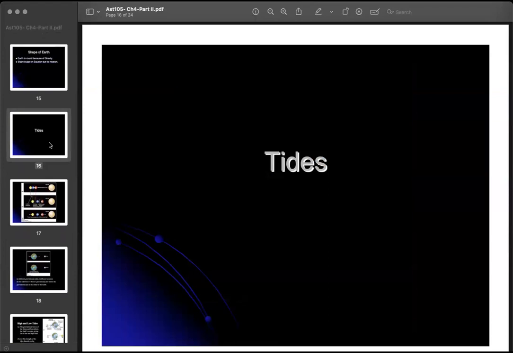Every day, if you live near the seashore of an ocean, twice in the day, the level of water rises to the maximum, and that is called high tide. And then in between those two times, it falls to the lowest level. The water recedes, and that is called low tide.